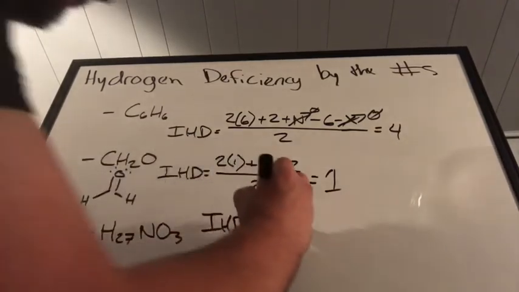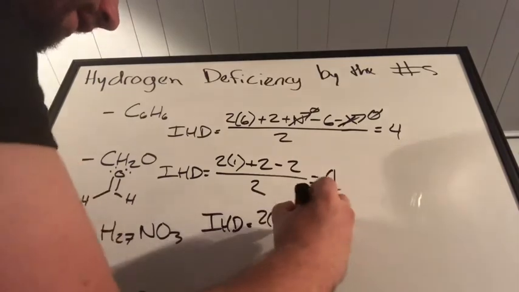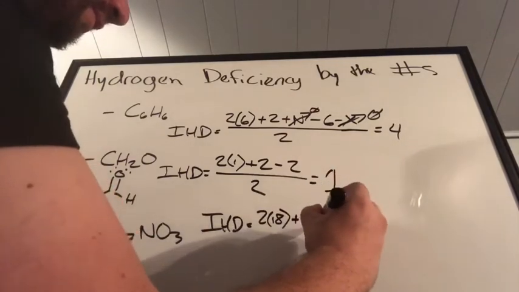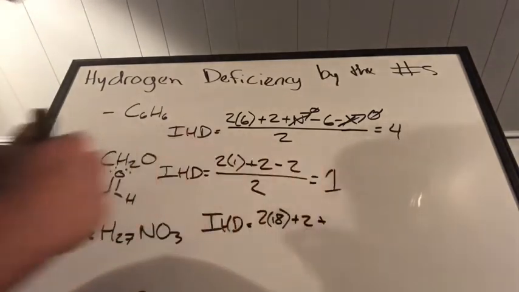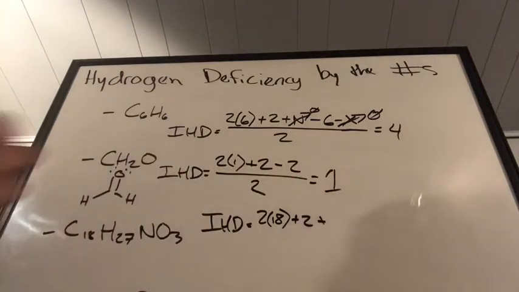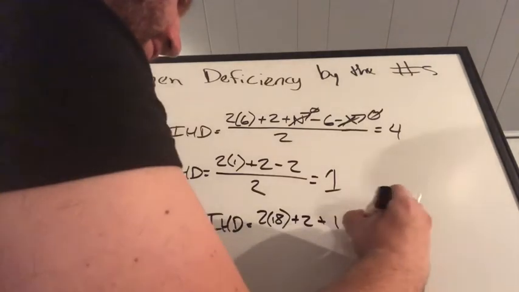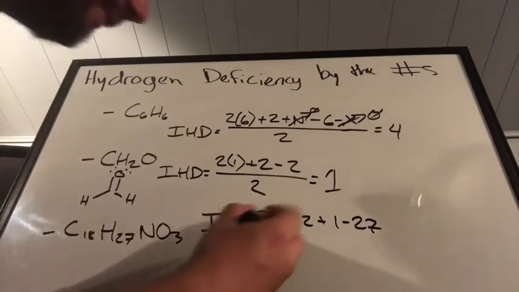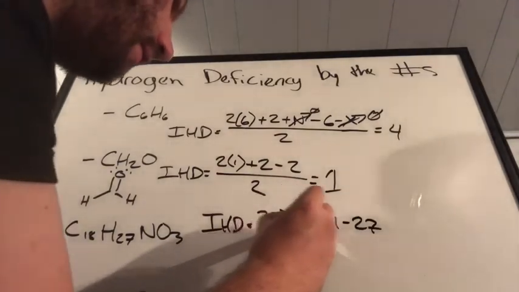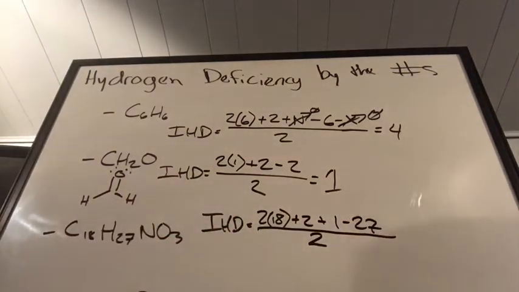That's going to be 2 times 18 plus 2 plus N, which is going to be 1 here, minus 27. Okay, so you're always going to look to have an even number in the end, just FYI. And then it's going to be over 2.